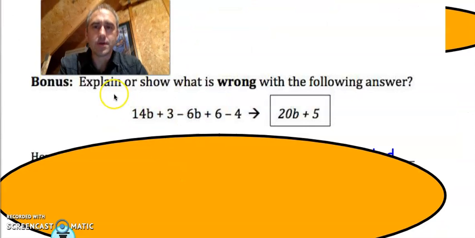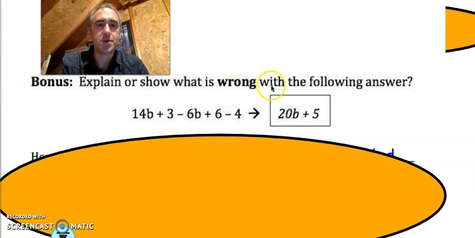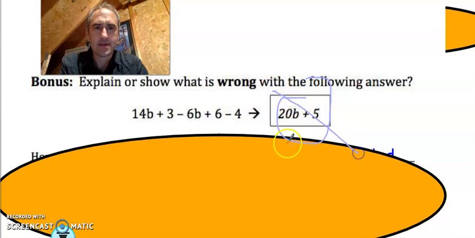So in this bonus, it says explain or show what is wrong with the following answer. So here's the question, 14b plus 3 minus 6b plus 6 minus 4. This is the answer that's incorrect. What we need to do is work this out on our own and see what the correct answer is.